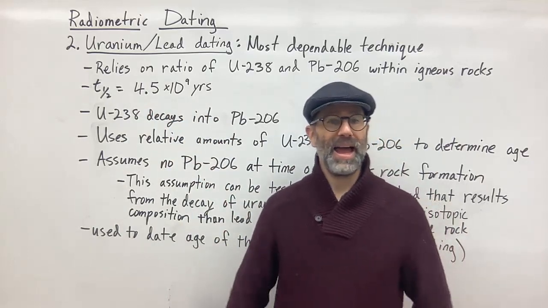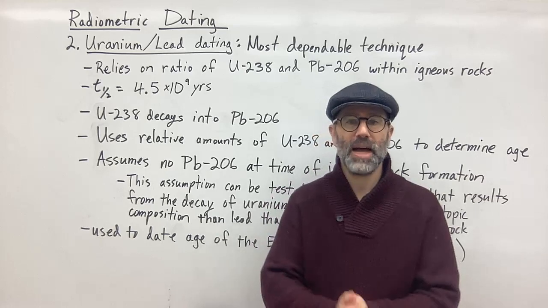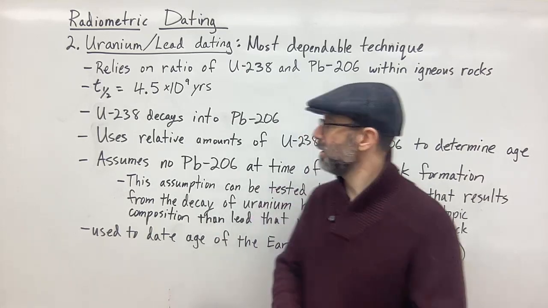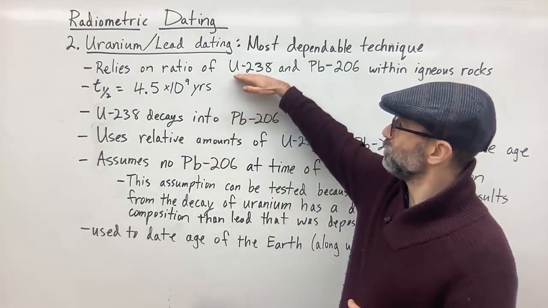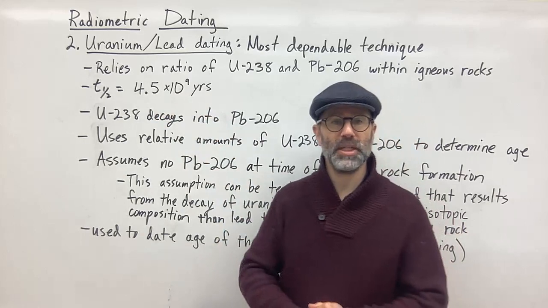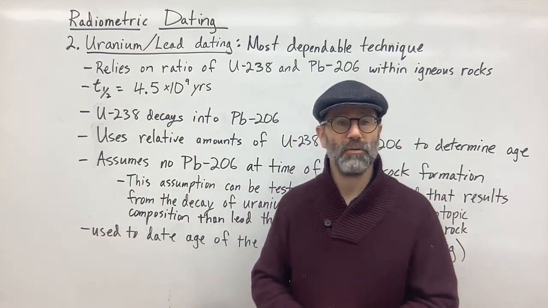So, as I said before, the half-life of something is the amount of time it takes for half of the original sample to decay. That means that if I have a sample of uranium 238, it's going to take 4.5 billion years for that sample to decay to half of what I have left.